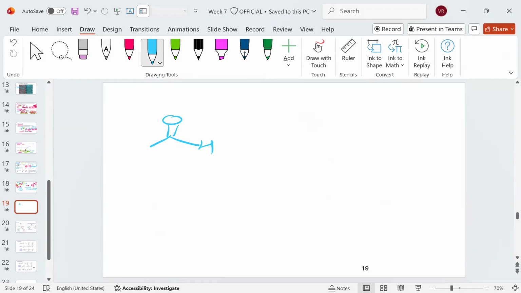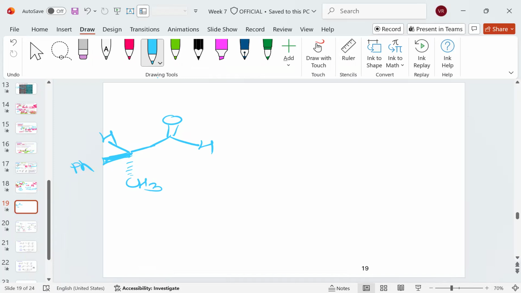Let's say we have this compound in which this is the hydrogen. On the top side we have the phenyl, and on the bottom side we have this CH3 group.